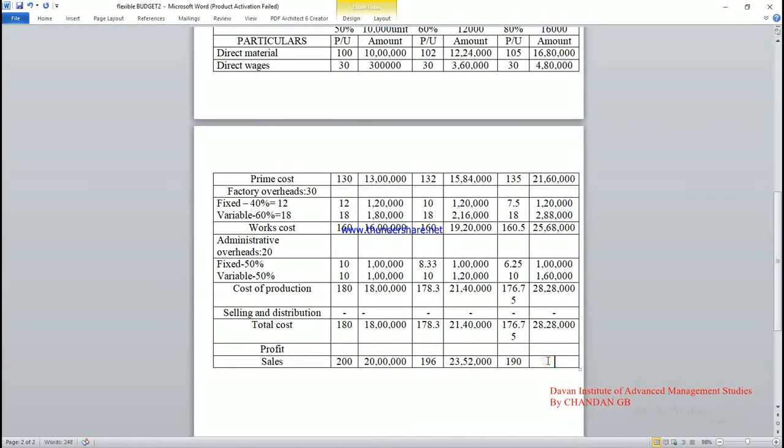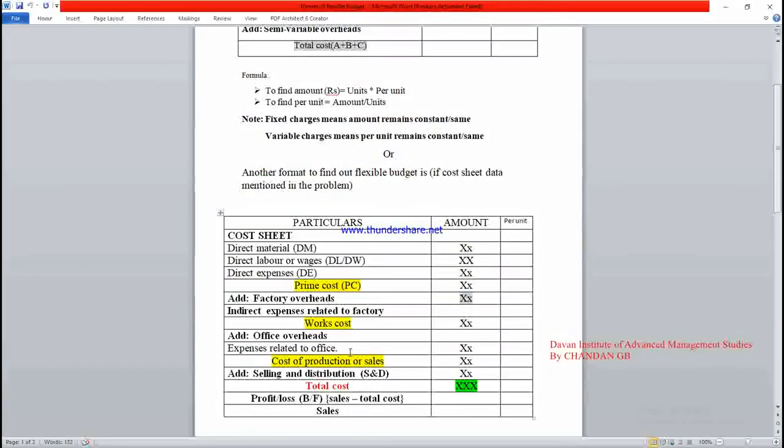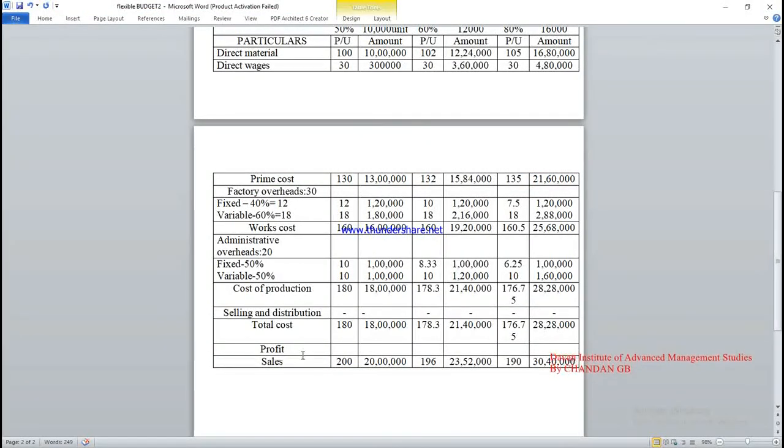Next, 190 into 16,000 units, that is 30 lakh 40,000 rupees. This is the sale or selling price amount. Now, check out the format: sales minus total cost, we will get the profit or loss. That is the balancing figure.